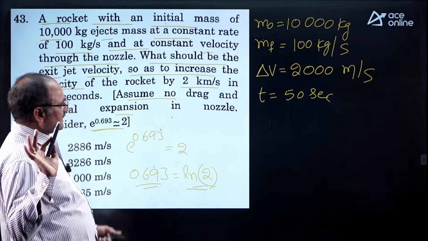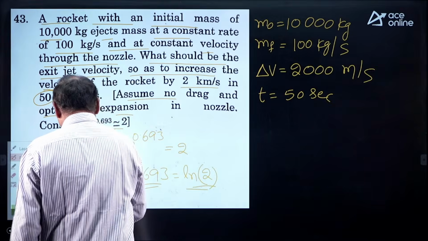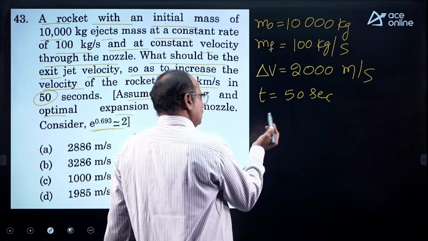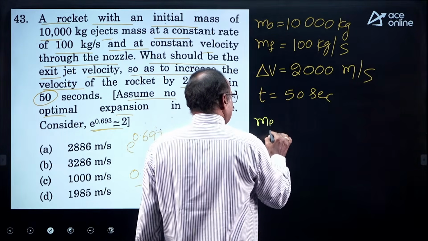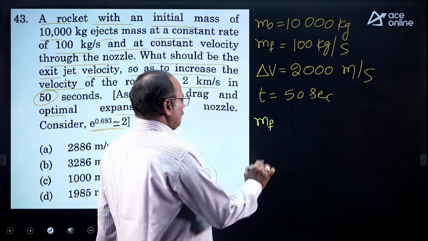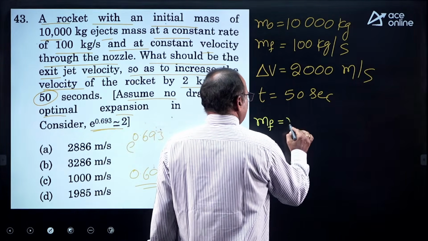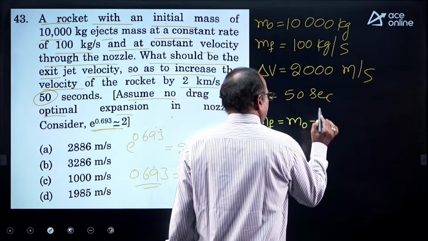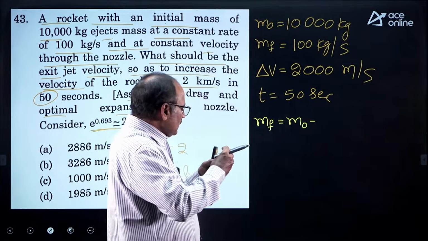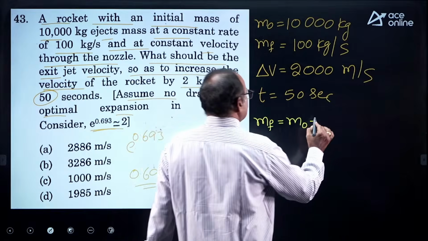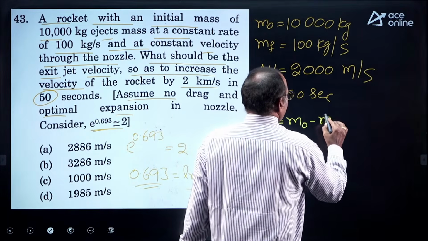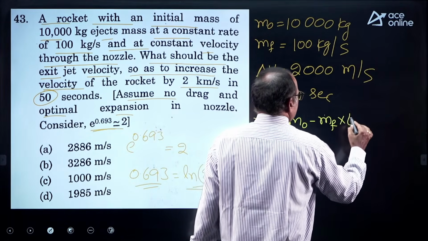Anyhow, you are asked to decide the exhaust velocity. For that there is a formula. First let us decide the final mass of the rocket. Final mass of the rocket equals initial mass of the rocket minus the mass of the propellant leaving the system, that is the mass of the fuel burning multiplied by the time taken.